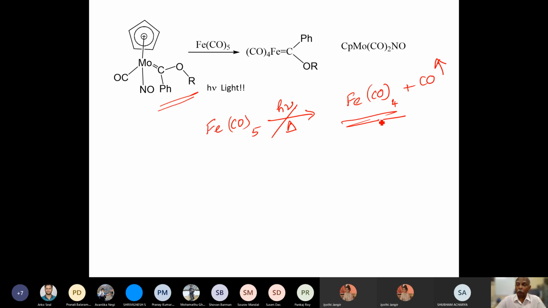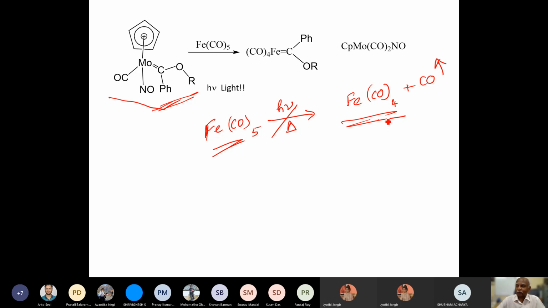Given the fact that molybdenum is in the lower group, it is right below chromium, so it is a 4D transition metal, and a 4D transition metal should be having a stronger metal carbon bond. But because this did not have any bonds, this is now needing another ligand very badly.